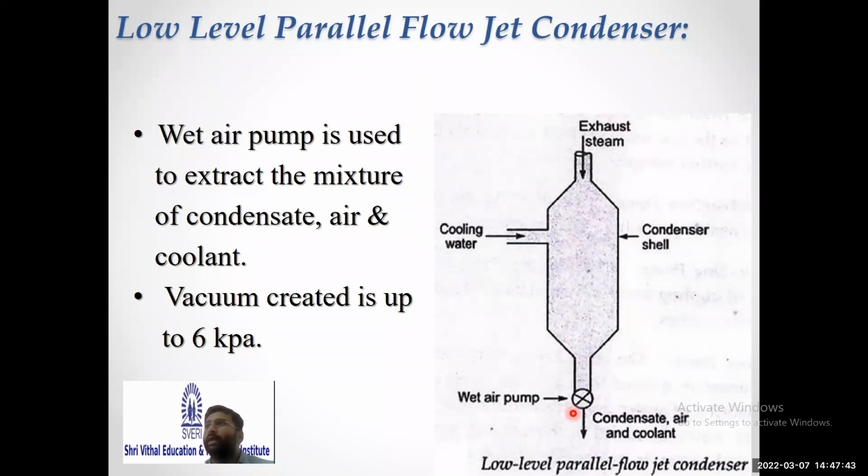Then there is a wet air pump. From this, air is extracted, and condensed water is collected at the bottom. Okay. Very simple construction, low level parallel flow jet condenser. So give the name and draw the diagram. A wet air pump is used to extract the mixture of condensate, air, and coolant.